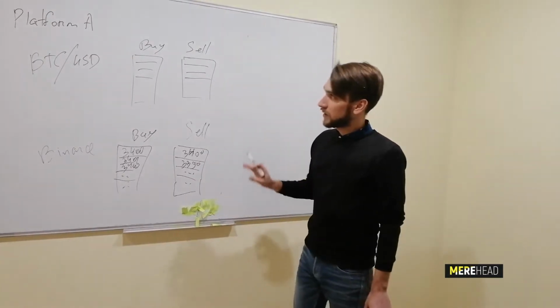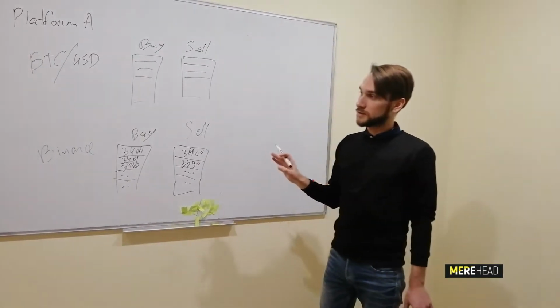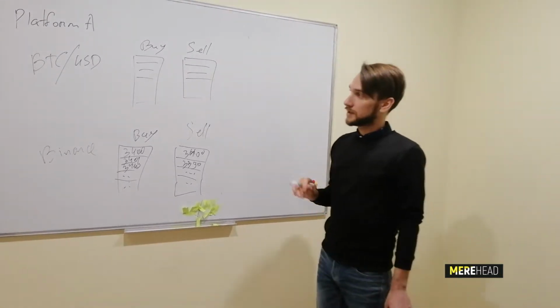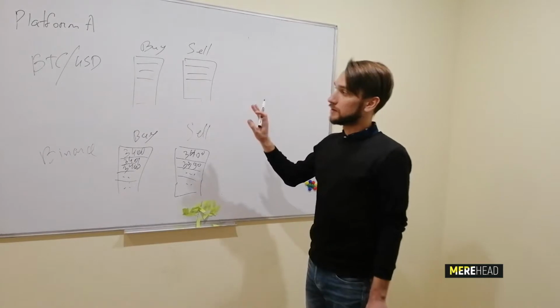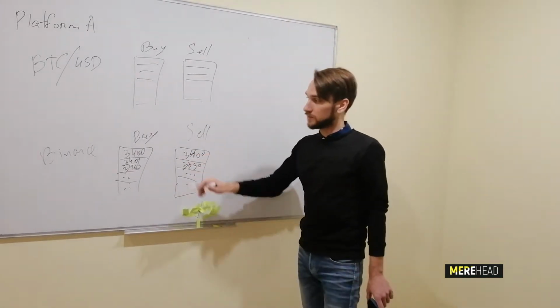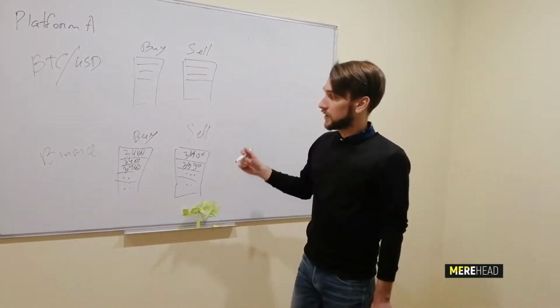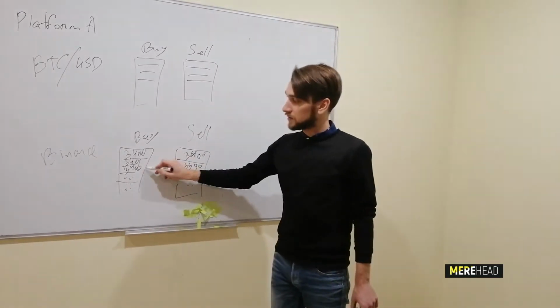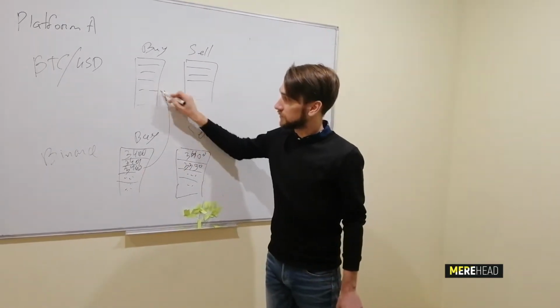And so on. So if you connect your system to Binance or other exchanges or even third-party providers, this literally means that we synchronize your platform with their platform. And in this case, if an order appears on Binance, this order will appear on your system.